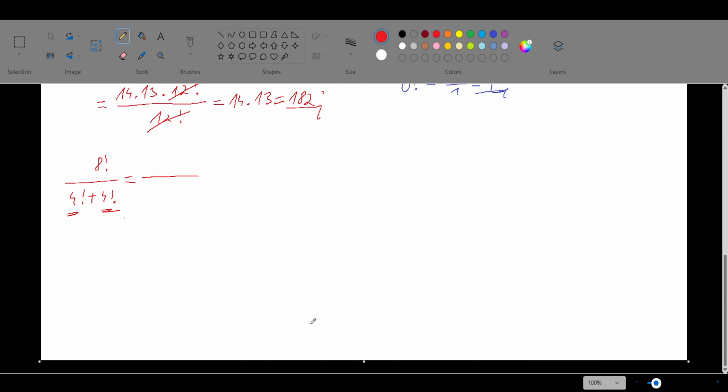So as you can see, 4 factorial and 4 factorial is here, and of course in 8 factorial the 4 factorial is hidden. So the clever idea now, I think, is to write 8 factorial as 8 times 7 times 6 times 5 times 4 factorial, and now if you have a look at the expression in the denominator of our fraction, you can simply write this as 2 times 4 factorial, because 1 times 4 factorial plus 1 times 4 factorial is really 2 times 4 factorial.